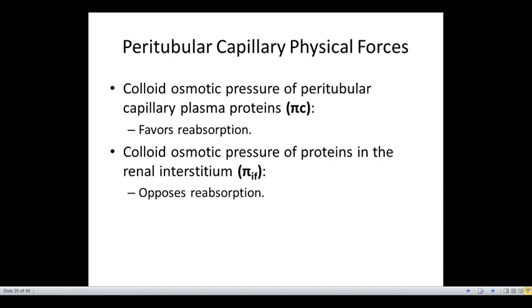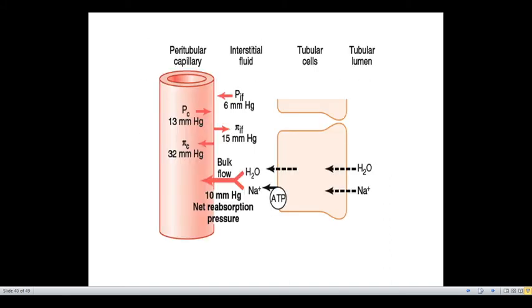So you can see in this figure showing the summary of the hydrostatic and colloid osmotic forces that determine fluid reabsorption into the peritubular capillaries. It also shows estimated values for humans.